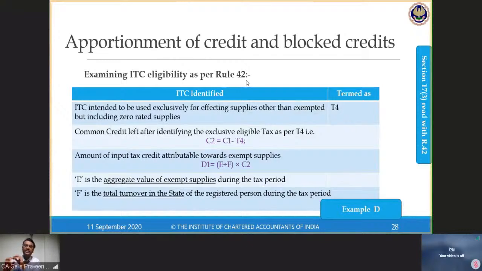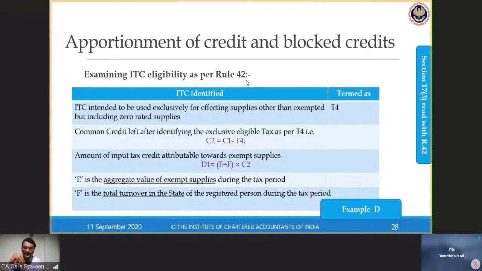If it is for installation of a machinery, the answer to your question, Ambika, is it is not blocked, because the explanation in Section 17(5) clearly says that if it is in relation to plant, apparatus, equipment, then any civil work done for the purpose of giving an effect of permanence to earth is not an immovable property, it is plant and machinery. If it is in relation to plant and machinery, it is not a works contract, it is rather called plant and machinery. So the answer to your question, Ambika, is it is available.